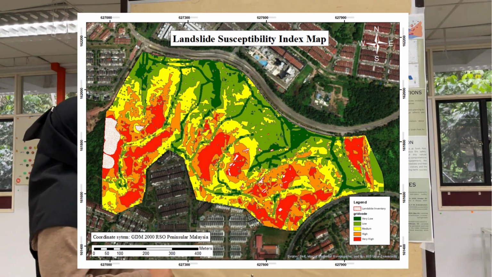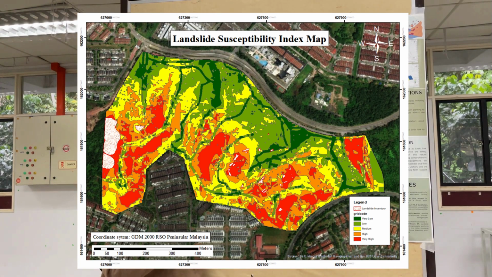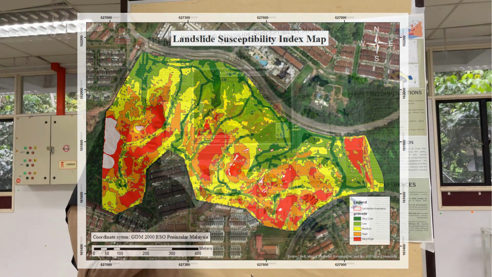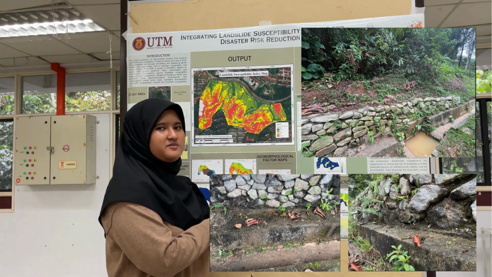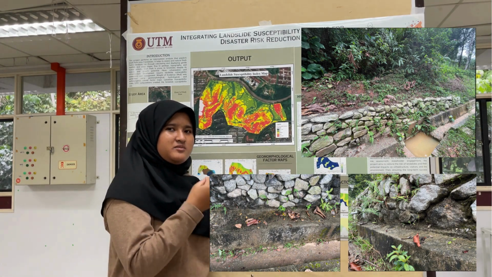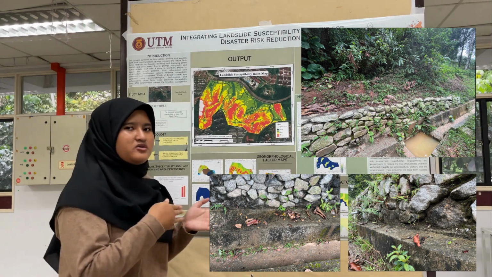So when we went to the site visit, we can see that there is already a record of landslide, where we can see there are gabions and more water leaks along the area.